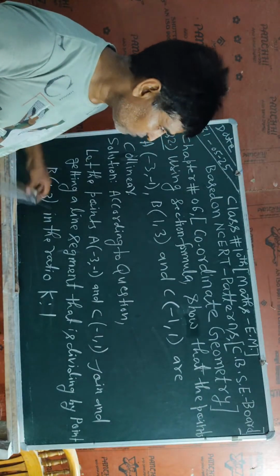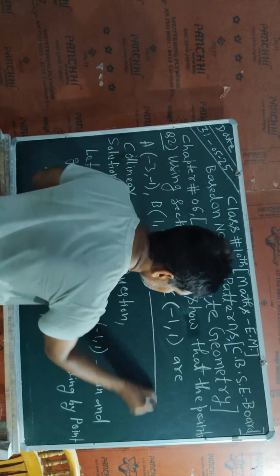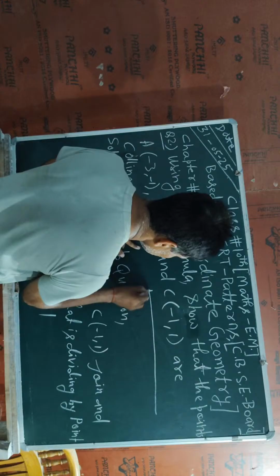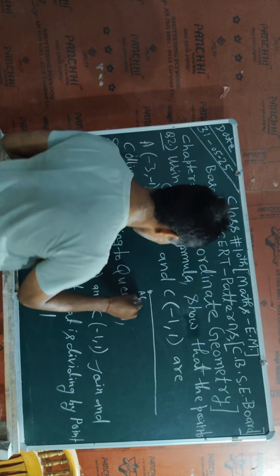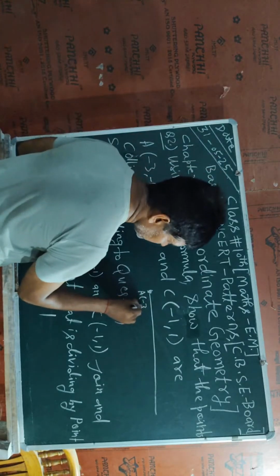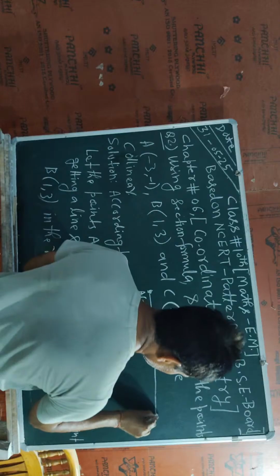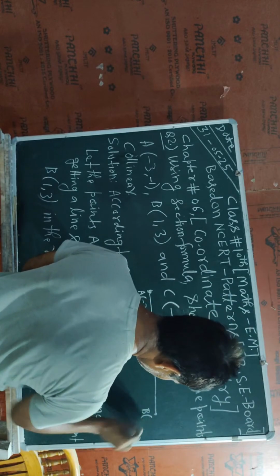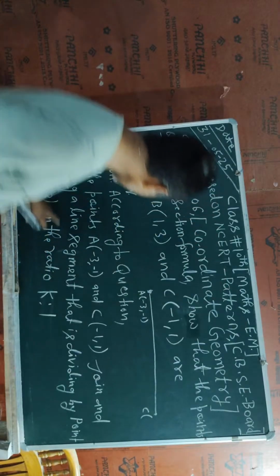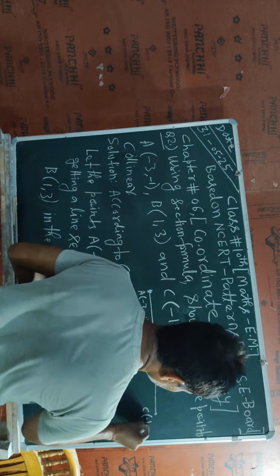Okay, students, so now I am going to make its diagram here. This is the line segment, and this point is A, whose coordinate is written here, -3 comma -1. The other point is C, whose coordinate is 1 comma 1.